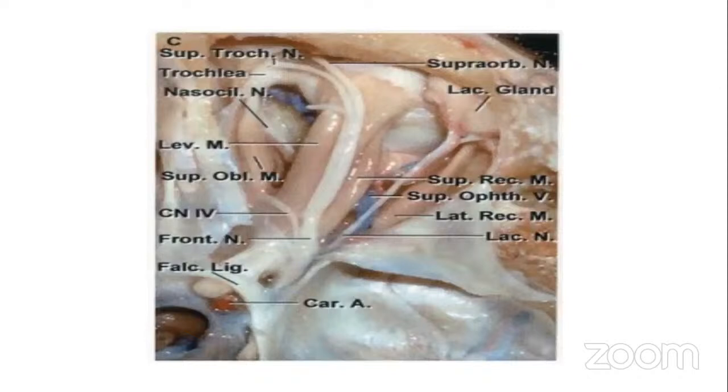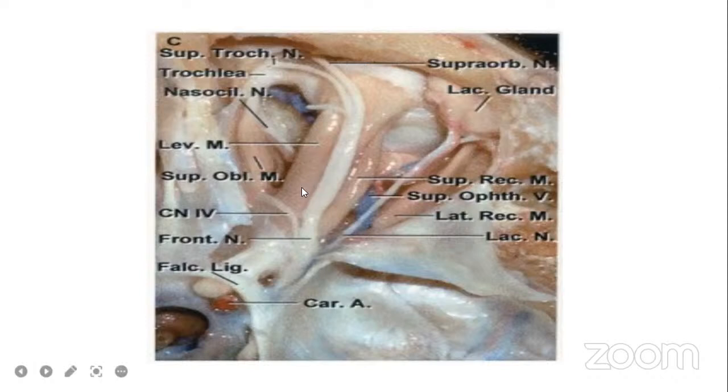So after removing the orbital fat, you can basically visualize the ophthalmic nerve, which divides into frontal, nasociliary, and lacrimal nerve.